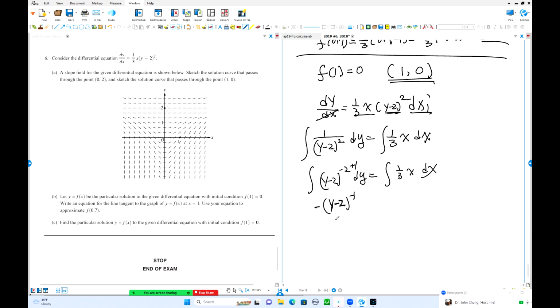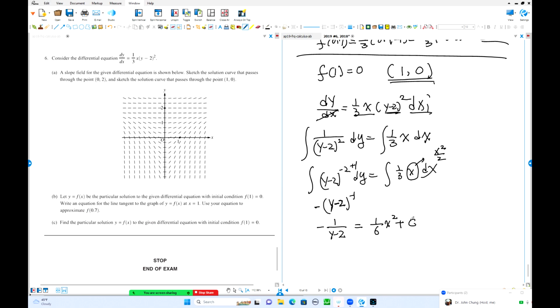You can use negative 1 over (y minus 2). On the right, the antiderivative of x is x squared over 2, and we still have the 1/3, so 1 over 6 x squared, and plus c, right?